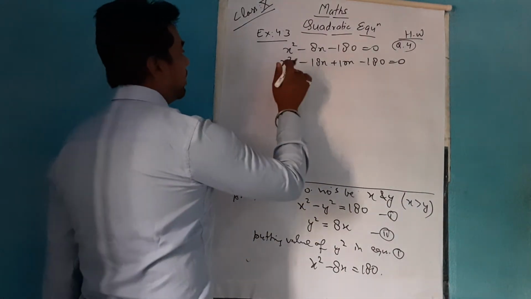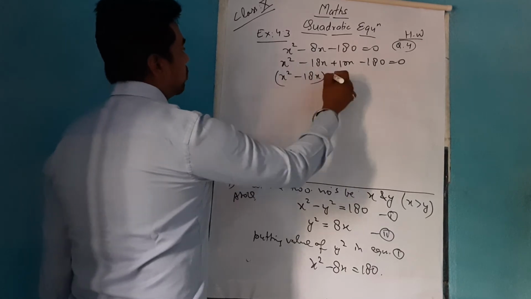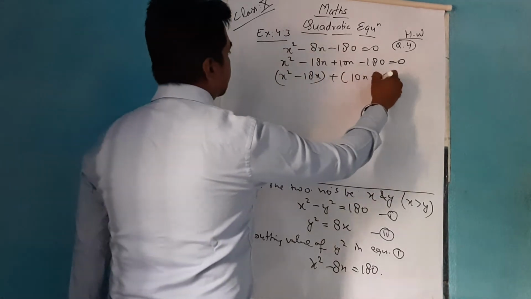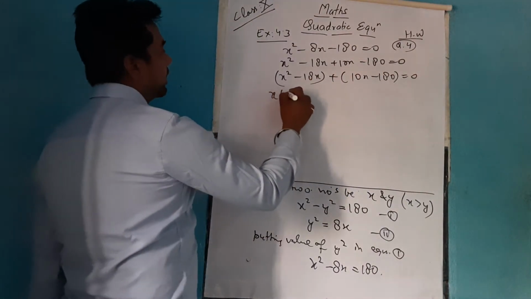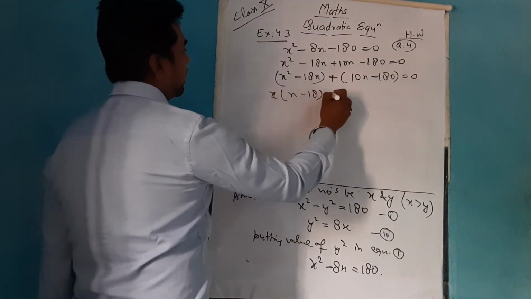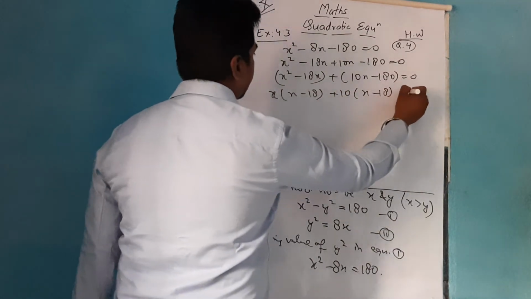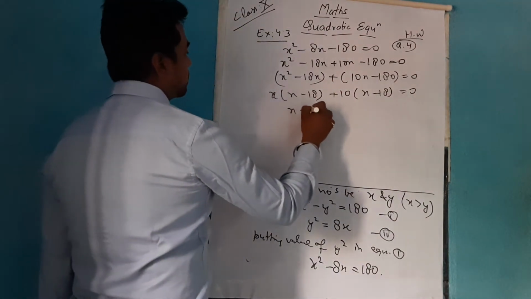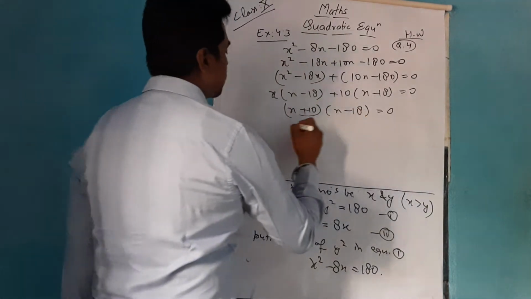This is the required middle term splitting. x square minus 18x in one bracket, 10x minus 180 in the other. In the first bracket x is common, so x minus 18. In the second bracket 10 is common, x minus 18. So x plus 10 and x minus 18 equals 0.